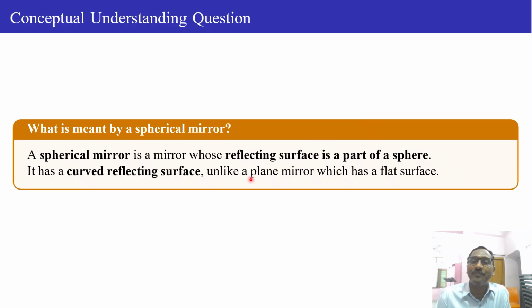So the reflecting surface is part of a sphere. It has a curved reflecting surface. We will see it in the diagram.